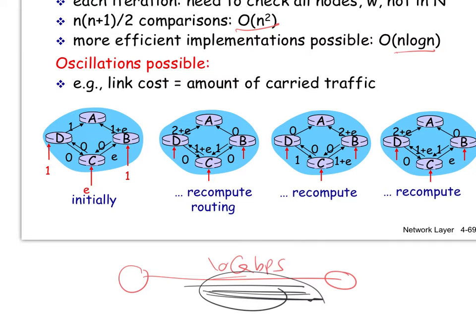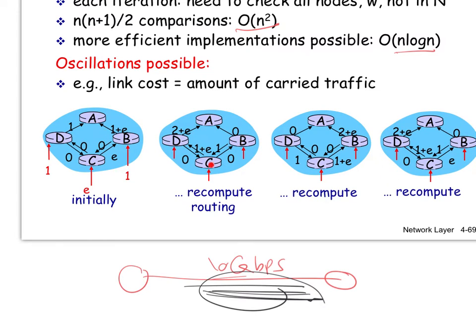The problem is that because of this real-time matrix, the cost on the links changes in real time very dynamically. And that causes the packets to A to oscillate from here to here to here to here. Do you understand what is happening?